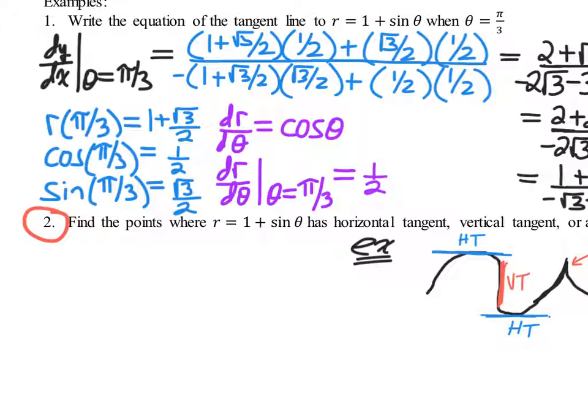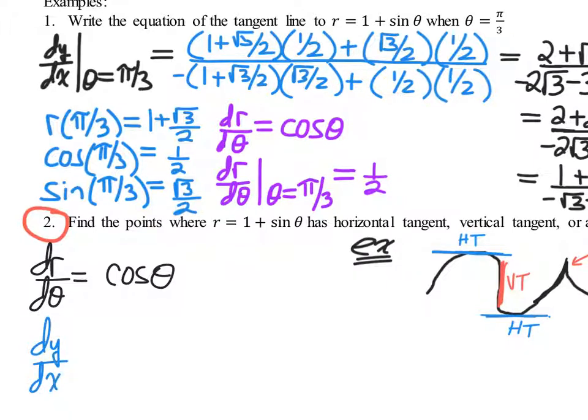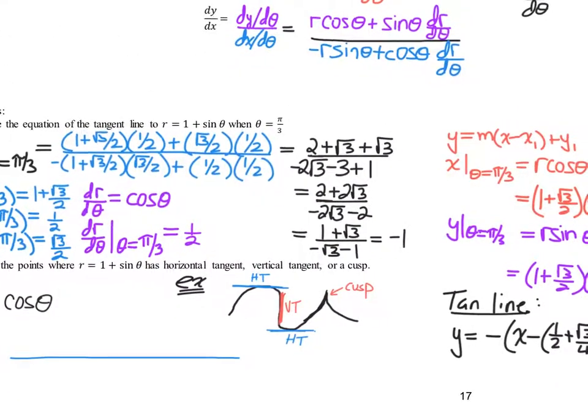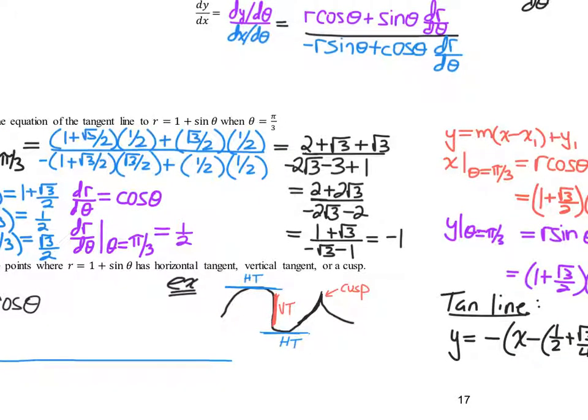All right. So I need a dr d theta, which is cosine theta. All right. So then I need a dy dx, and again, we're just referencing the formula. I'll just try to get it on the same screen so you can see it. All right, so we're taking the derivative of 1 plus sine theta, which is cosine theta, and then popping it into this everywhere we have a dr d theta, which isn't terrible because everything else is going to stay put.